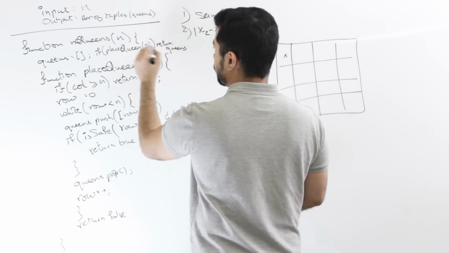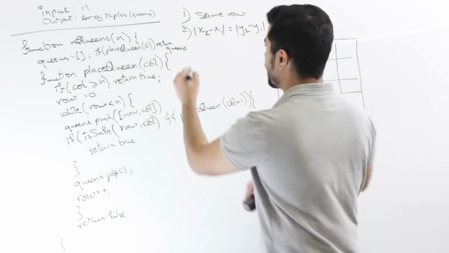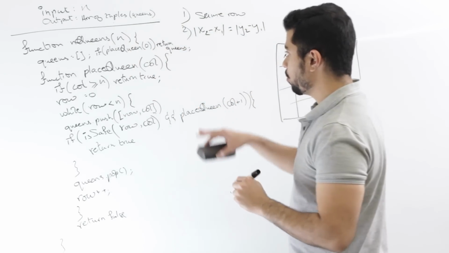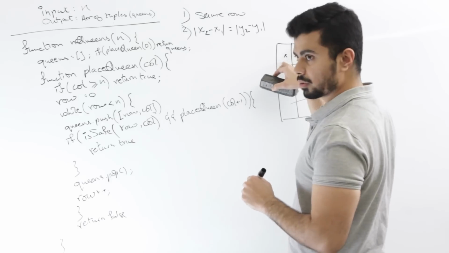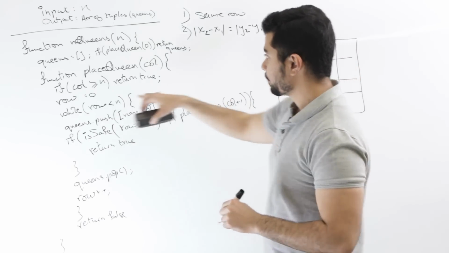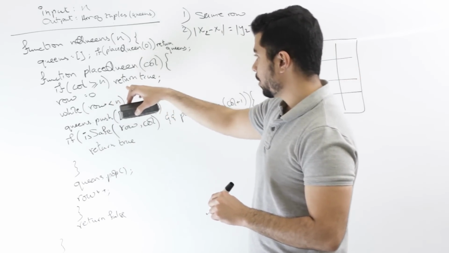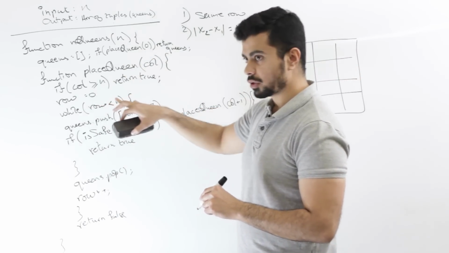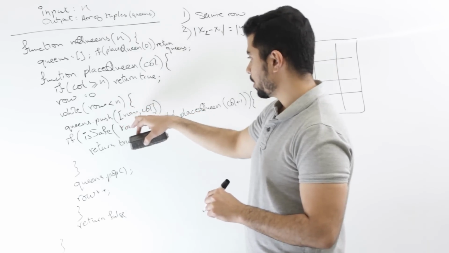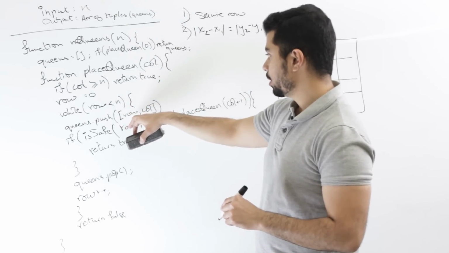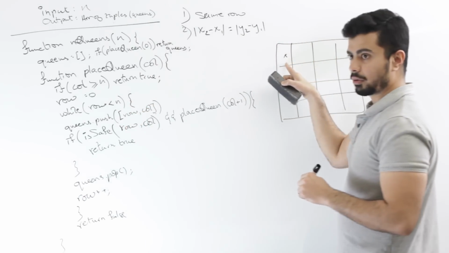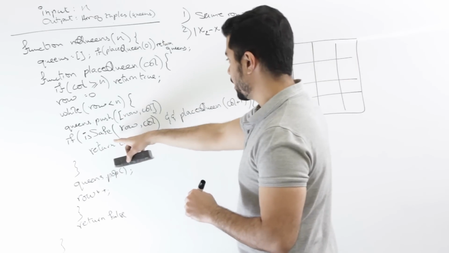Okay, so when I call this function, what does it do? We're starting at 0, so we are at that column. If column is greater than or equal to n, it is not right now, and row is 0 right now. The first thing I do is I push row and column, so that's what I did over there, the cross. Now I say isSafe.